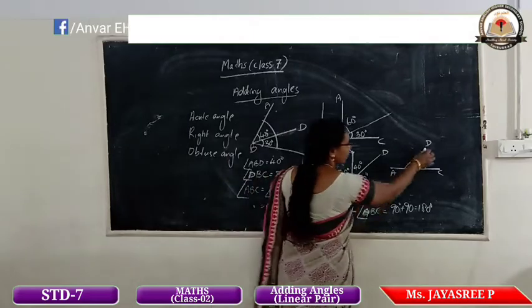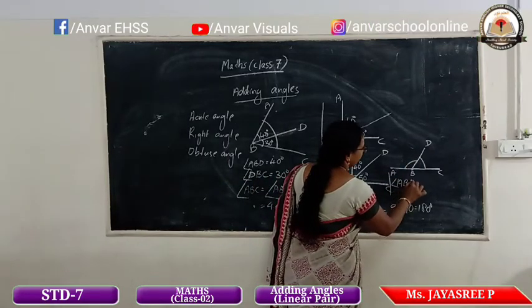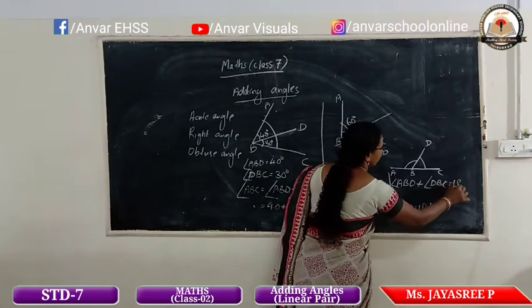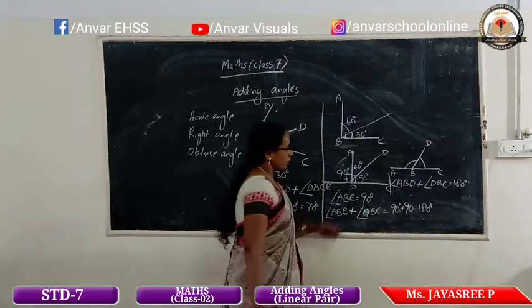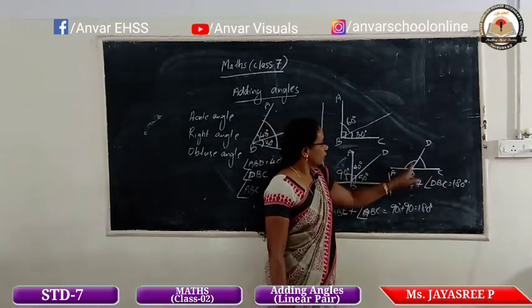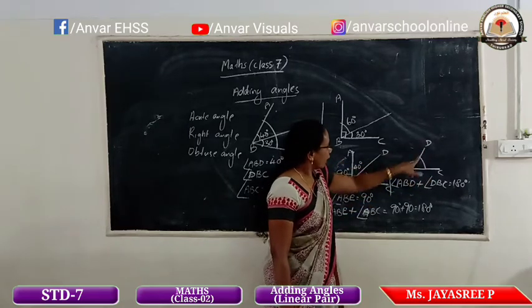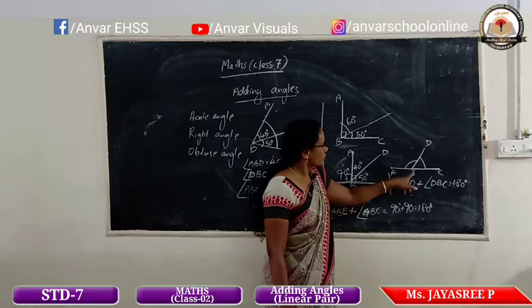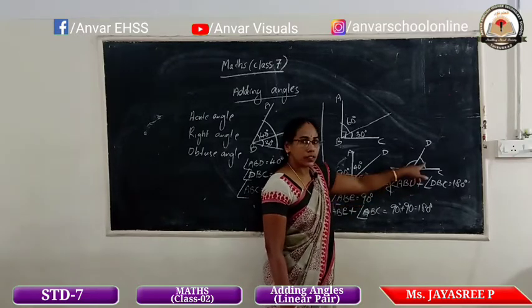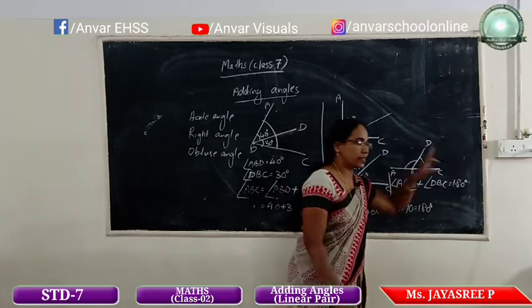The sum of those two angles, angle ABD plus angle DBC is equal to 180 degree. So angle in a straight line is 180 degree and the angle formed by the line DB from B is these two angles and the sum of these two angles is equal to 180 degree.